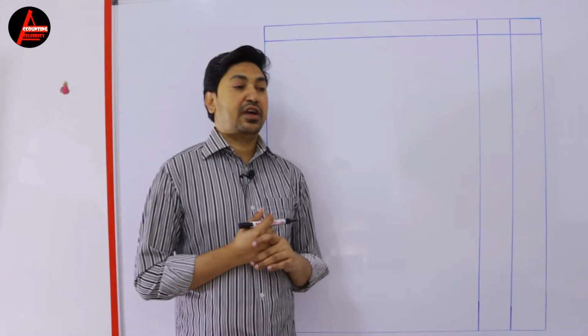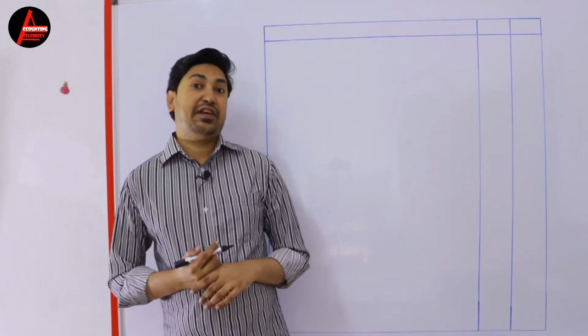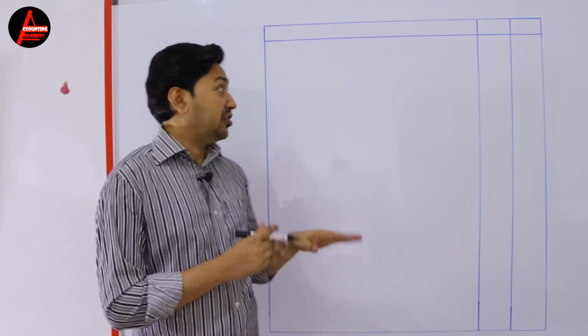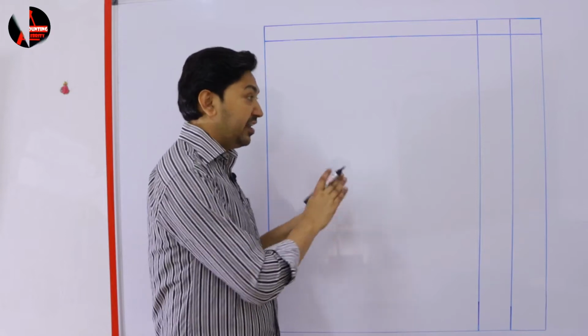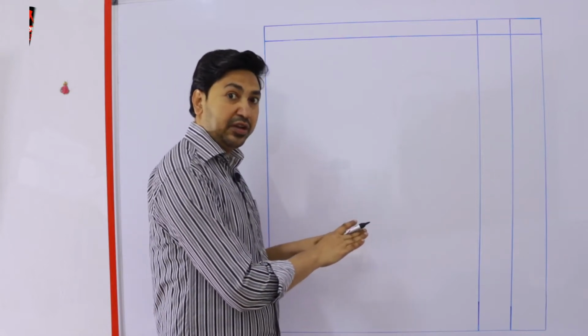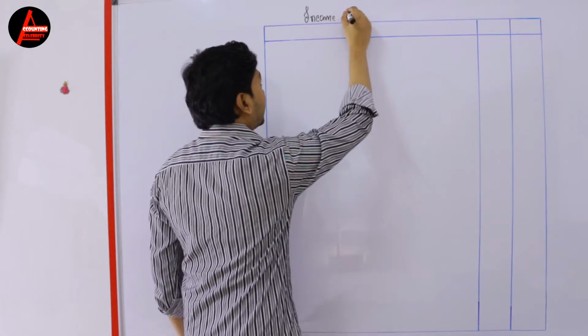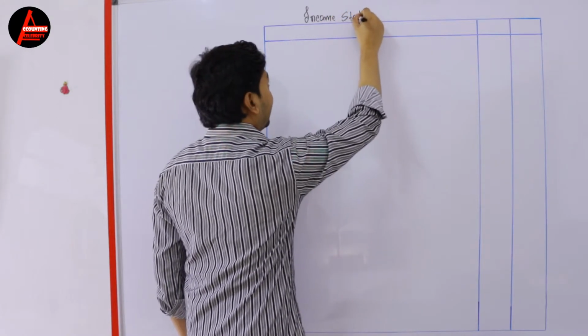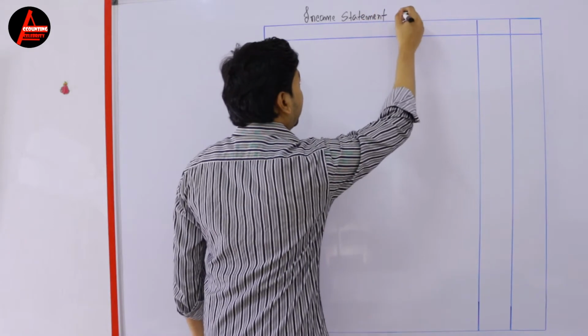So many students are confused when they try to prepare an income statement, but it is very easy. I'll show you exactly what items you should write in this income statement format. Okay, so here is the income statement.